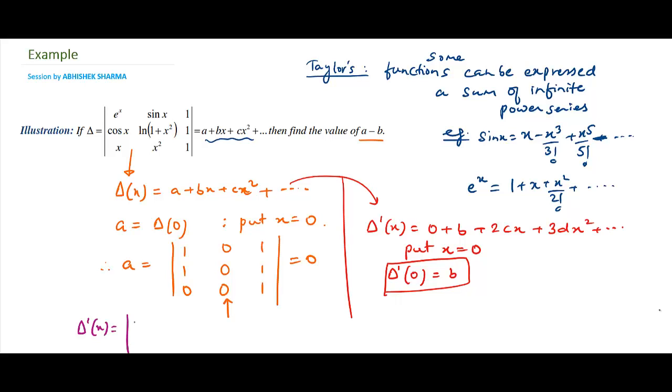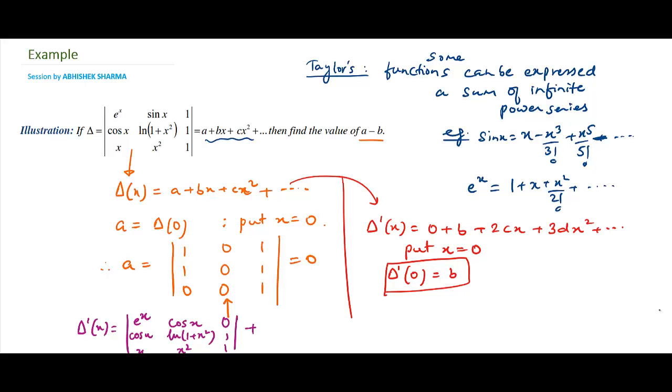The differentiation of e to the power x is e to the power x, of sin x is cos x, and of 1 is 0. The remaining two rows will remain the same, so you get cos x, ln(1 plus x square), 1, and then you have x square, 1.